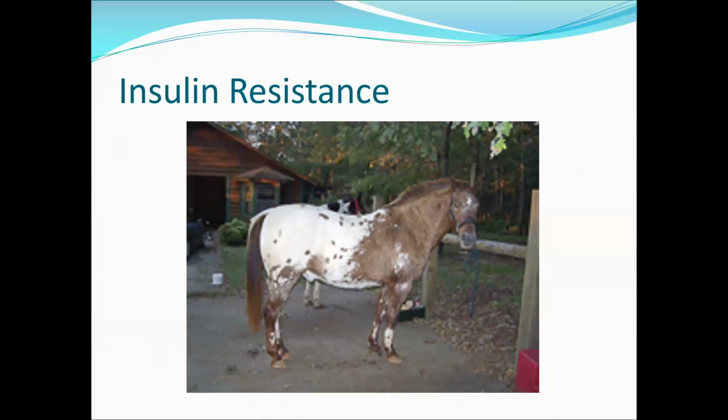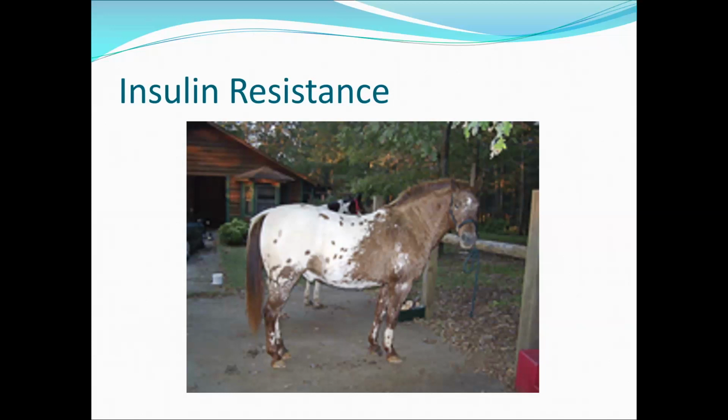So I see a cresty neck. I see a sheath that's kind of hanging down. I see that it's a pony. I know it's a little hard to tell from a picture, but this looks much more pony built than horse built. So we certainly have some breed predisposition here.